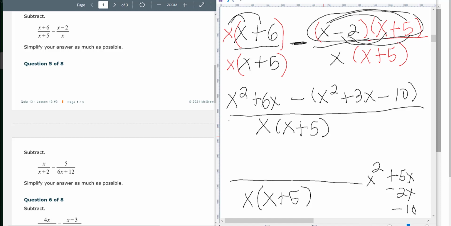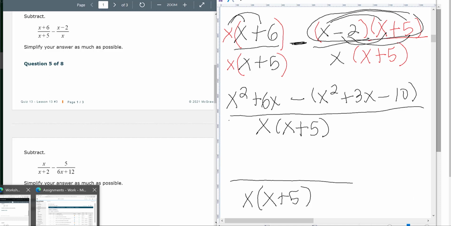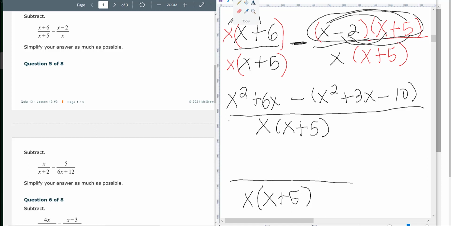Now I'm going to subtract everything in this second numerator. So it's x squared plus 6x minus x squared minus 3x plus 10.